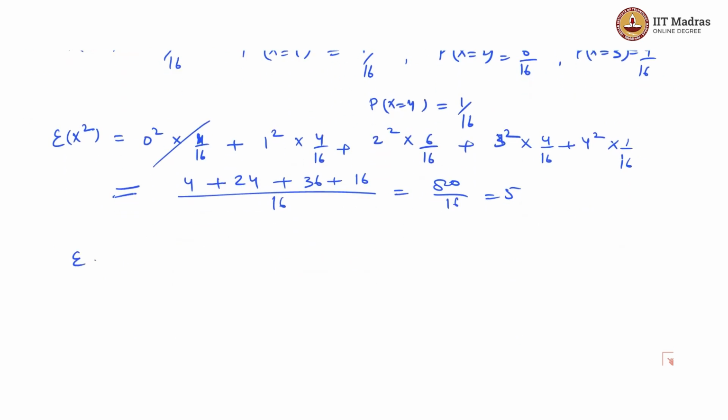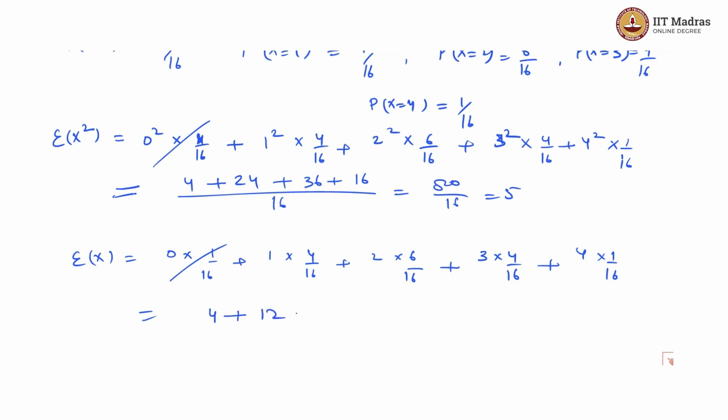Now we have E of x square. What we need to calculate is the expectation of x, that is 0 into 1 by 16, 1 into 4 by 16 plus 2 into 6 by 16, 3 into 4 by 16 plus 4 into 1 by 16. Again the first term will vanish. 4 plus 12 plus 12 plus 4 by 16. So 12 plus 12 is 24, plus 4 is 28, plus 4 is 32, by 16.